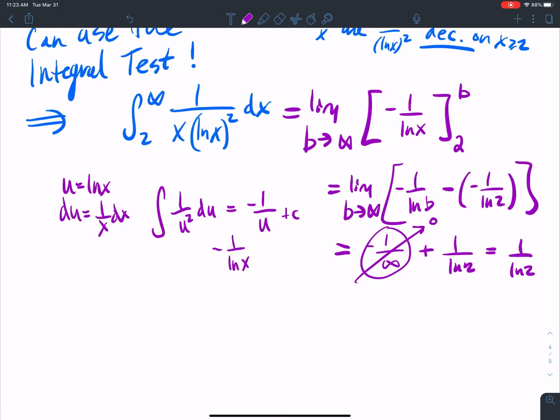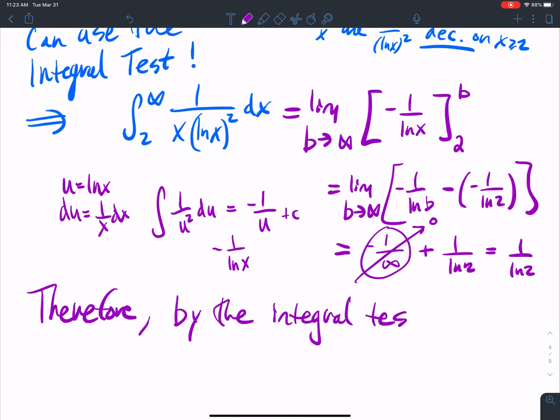So what does this say? Therefore, by the integral test, always tell me what test you're using.